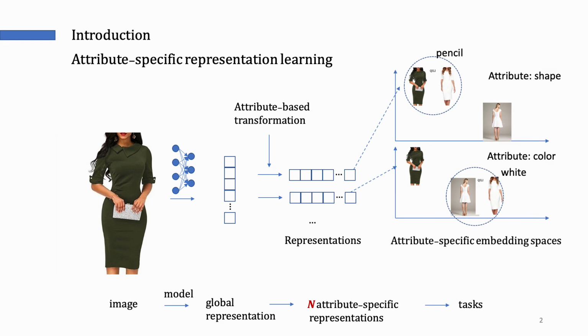If we have n attributes, we will have n attribute-specific representations, and then each representation goes to an independent embedding space called attribute-specific embedding space. For example, in the space of attribute color, we expect all white dresses to stay close.